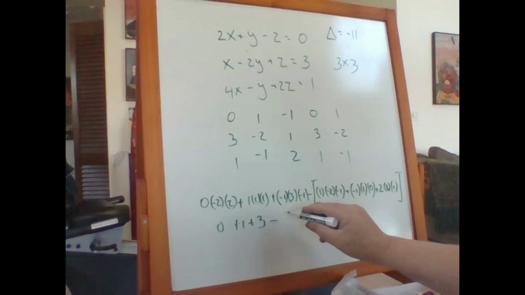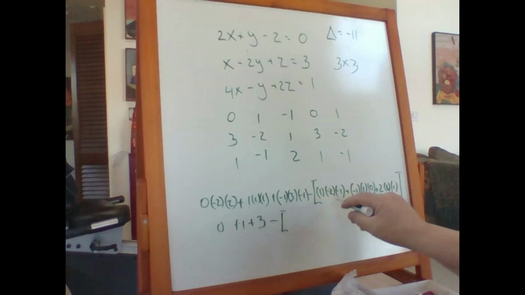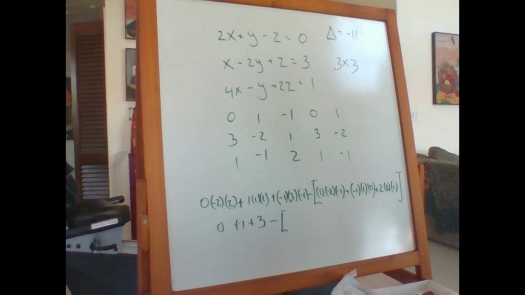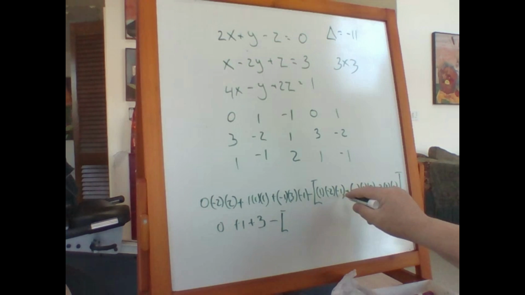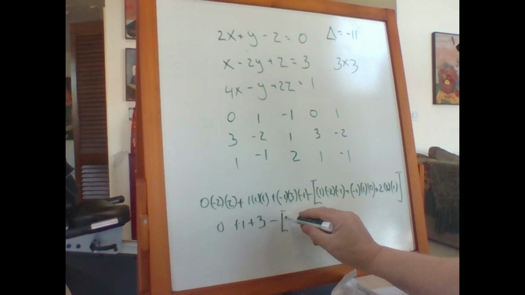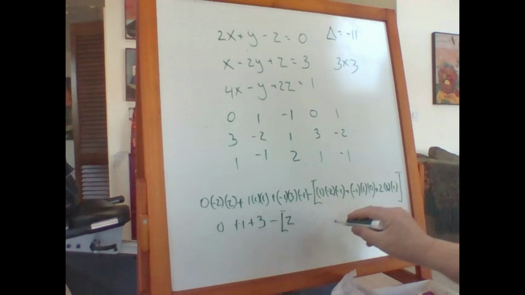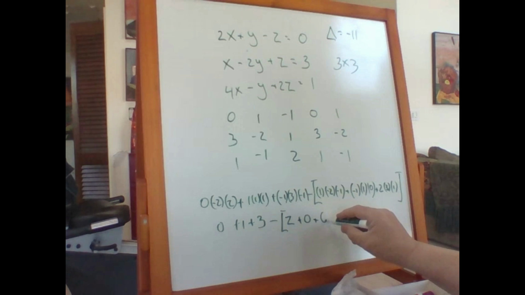Minus, okay, it's important to keep this done orderly. You can really mess up your plus and minus signs if you don't keep track. So minus, okay, minus 2 times minus 1 is 2 times 1 is 2. This is 0 plus 6.